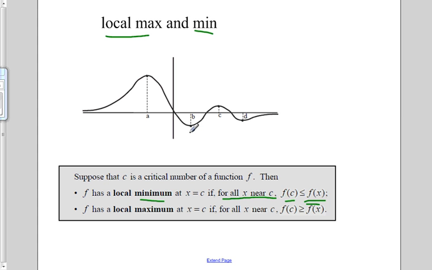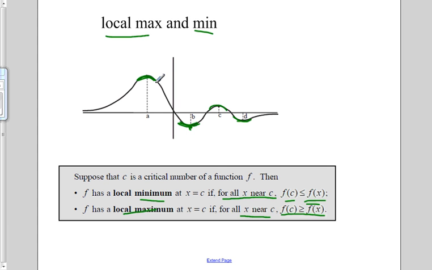So in other words, at this point, this is the lowest point in that immediate region. It's smaller than all other values, and that occurs also here. And a local max is saying that for all x near c, f of c is bigger than all those local values.